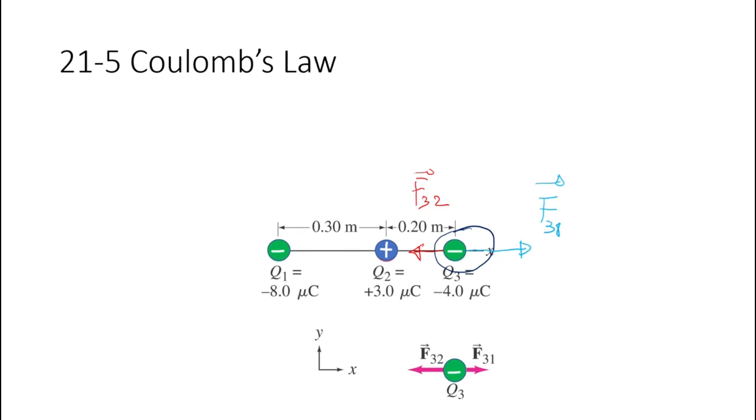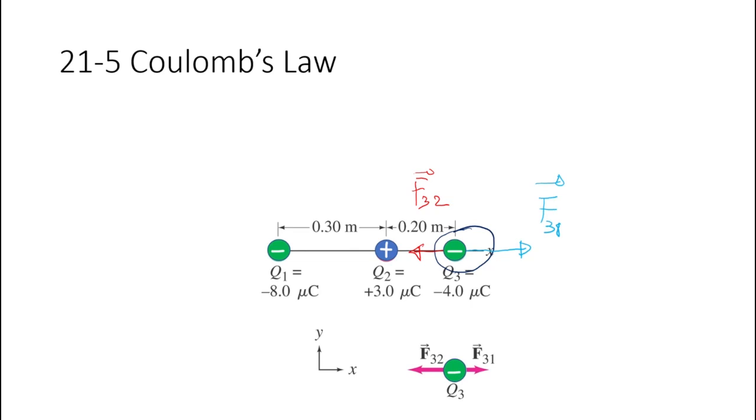Now, to calculate the net electrostatic force on the particle charge 3, we have two forces applied to it. We don't look at what charge 3 does. We look at what is done to it. Then we sum these forces. We calculate the magnitude of each force, we find the directions, and then we add the vectors to each other.